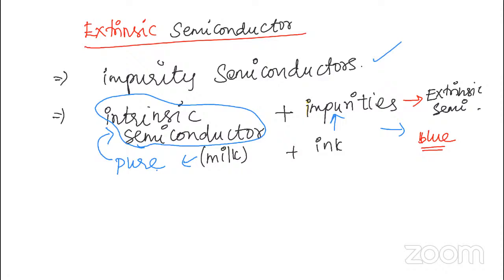The process of combining the intrinsic semiconductor and impurities is named doping. So doping is nothing but the process of adding impurities.